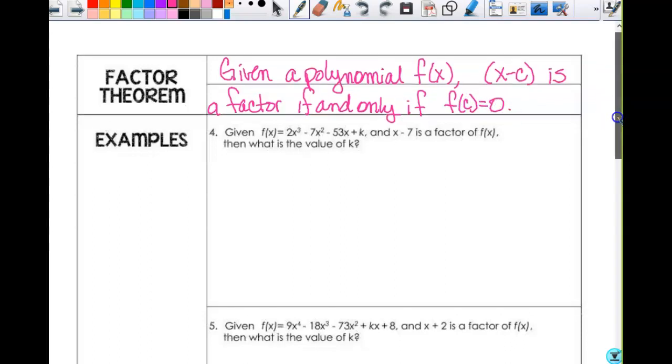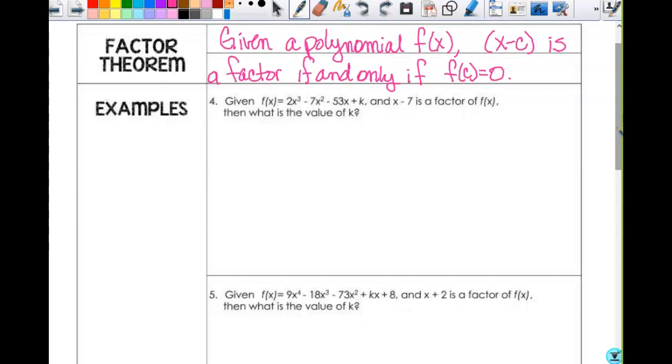Okay, so given a polynomial f of x, x minus c is a factor if and only if f of c equals 0.